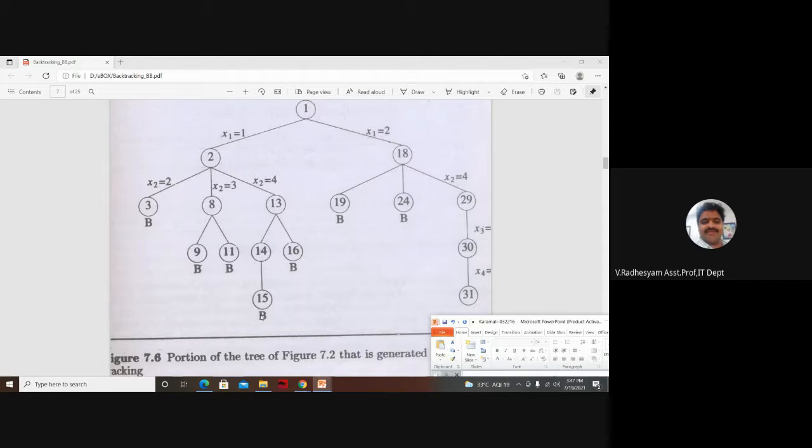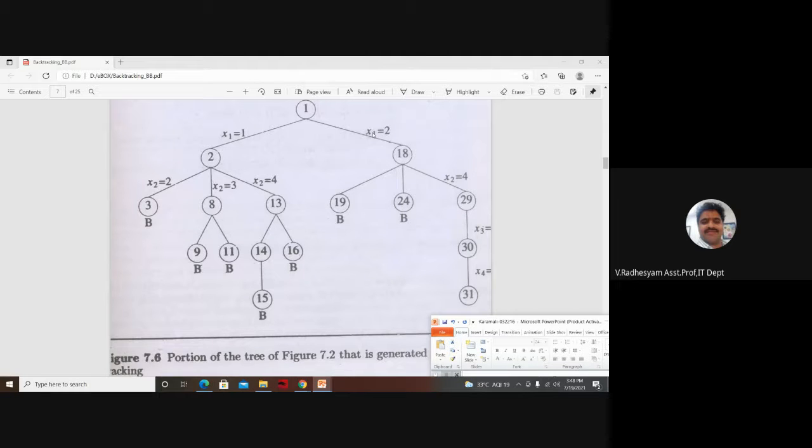But we have obstacles. That means whenever we are placing the queens, we can have an attack. So after completion of all these things, what we realized is we started with x1 is equal to 1 itself wrong. Friends, we started with x1 is equal to 1 itself wrong, and we moved to x1 is equal to 2.